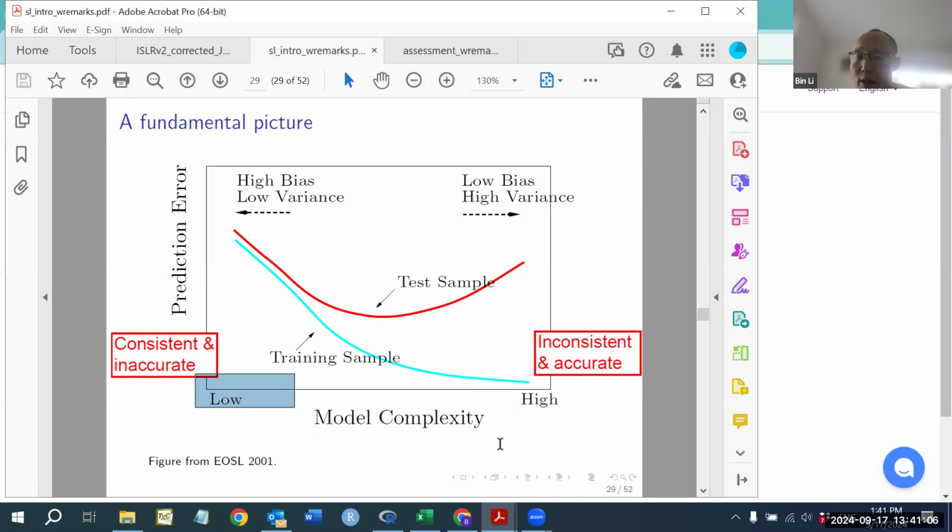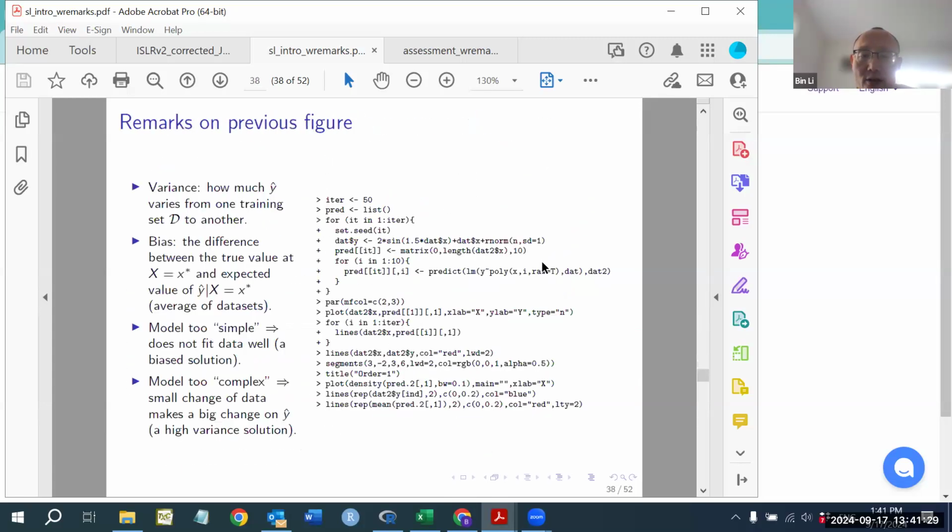But when the model complexity is high, that means the KNN with K small, when the K is 3, we have low bias, bias is 0, but the variance is high. So what is the optimal value for the K in the KNN? It should be somewhere between. Okay, so that's the fundamental picture.